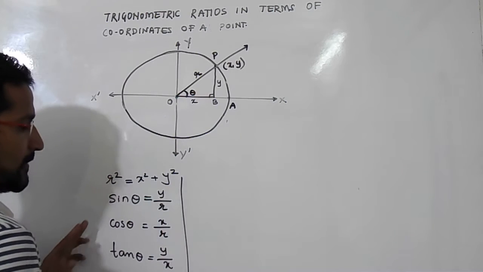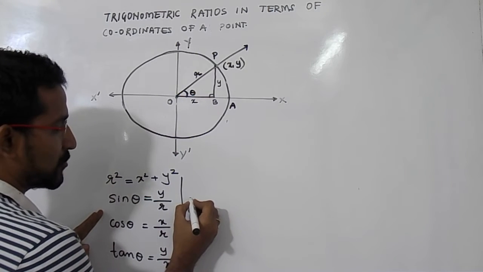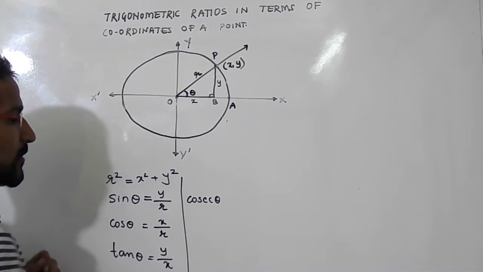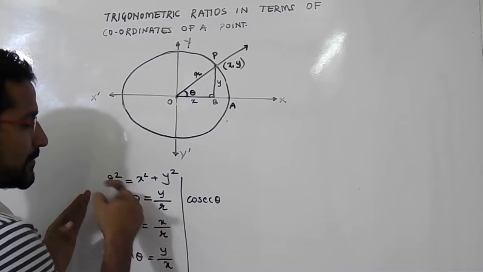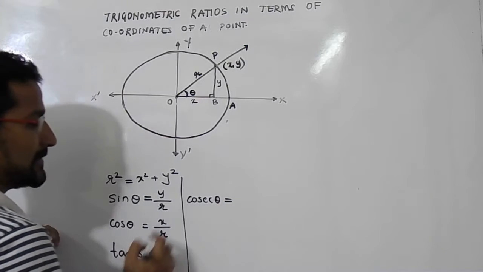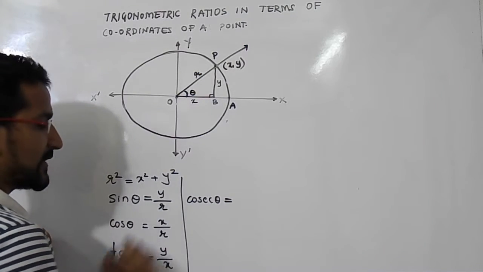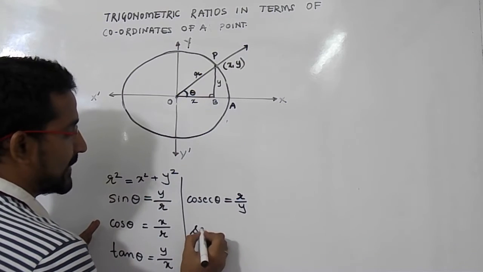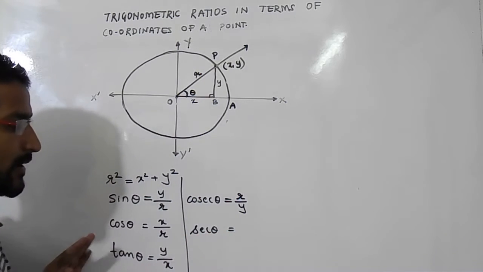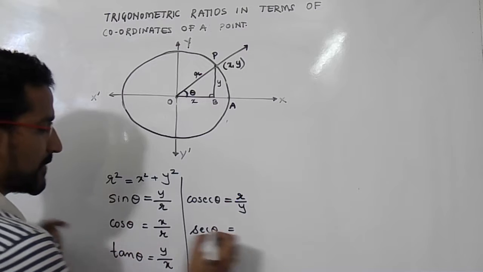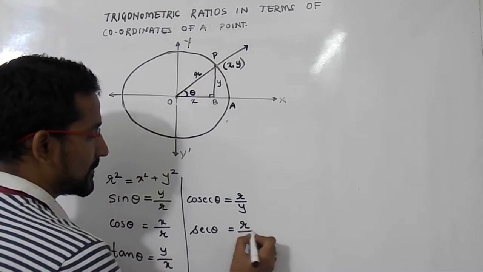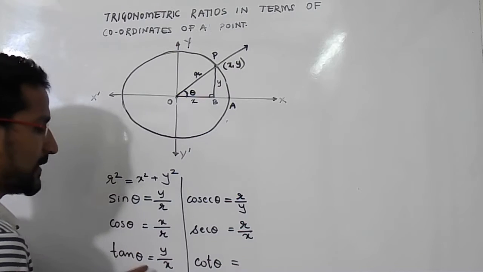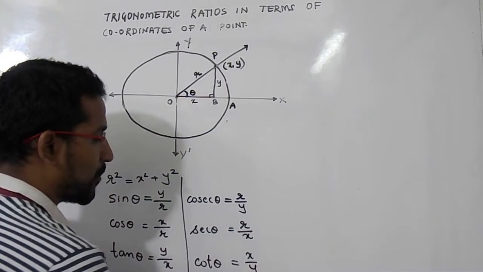Now the other functions: cosec theta, as we have already studied, is 1 upon sin theta, the reciprocal of the sine function. That is hypotenuse upon opposite, so it will be r by y. Sec theta is hypotenuse upon adjacent, so it will be r by x. And cot theta will be x by y.